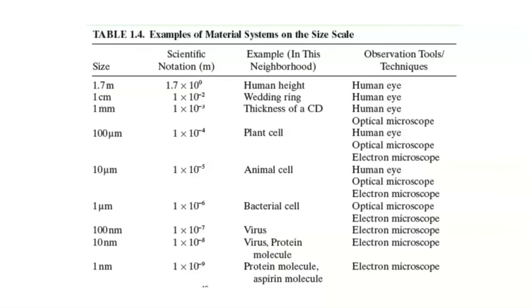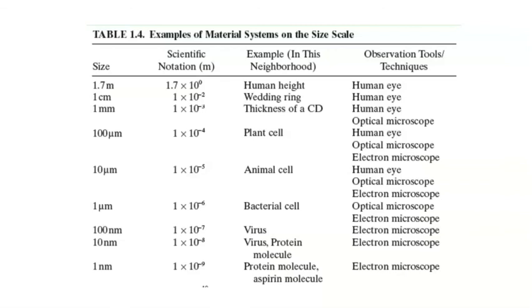Below 100 micrometer we have to use some optical microscopes. Up to 10 micrometer we are able to use the optical microscope. Below 1 micrometer we have to use a special microscope which is called an electron microscope. An optical microscope is basically a microscope where we are using light to see the object in the transmission or reflection mode.